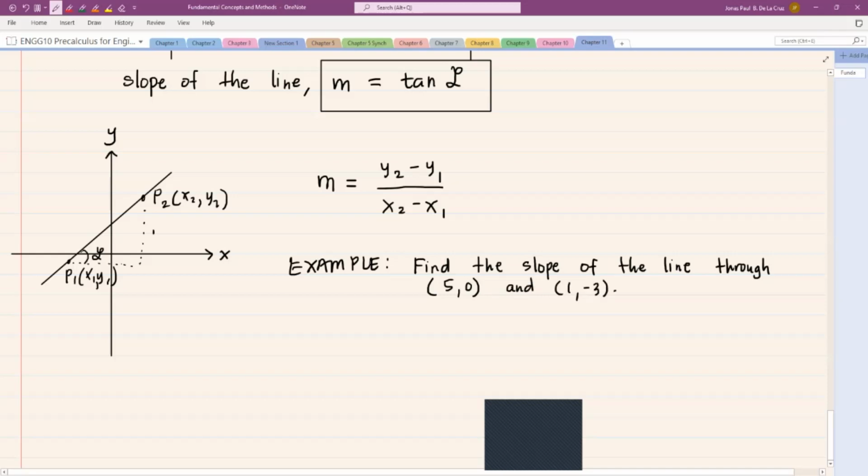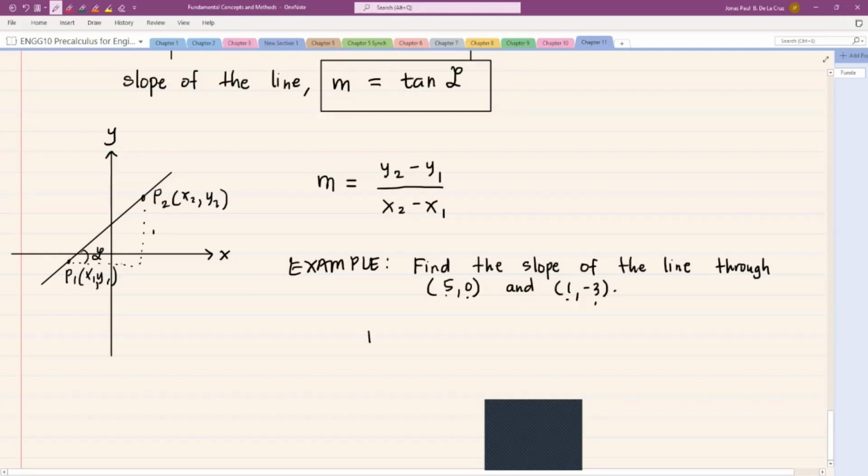So we are going to find the slope of the line through 5, 0 saka 1, negative 3. So dito, it does not matter ulit kung nasaan yung P1 or P2 mo, ano? Okay, basta dapat consistent ka. Kung ito yung P1 mo, dapat ito yung X1, ito yung Y1. Kung ito yung P1 mo, dapat X1, Y1 yan.